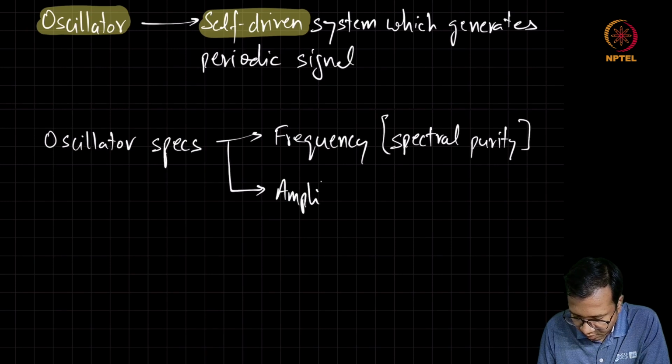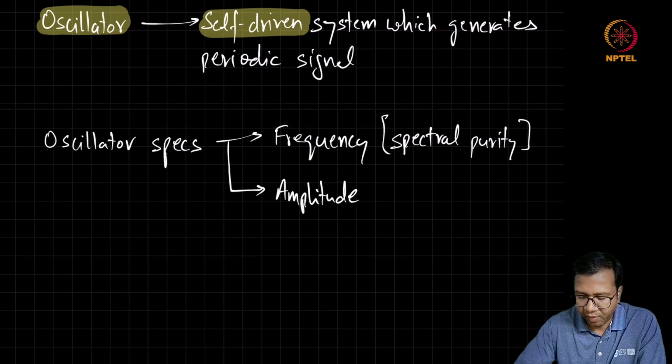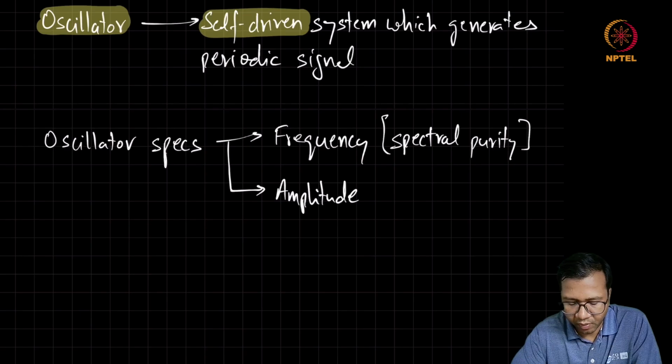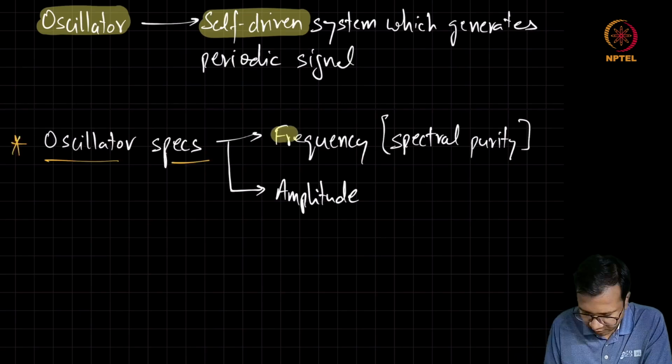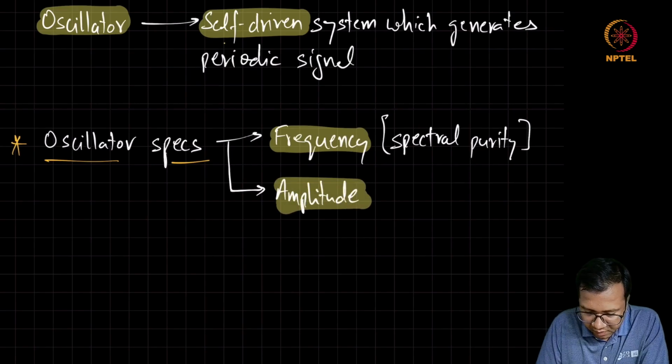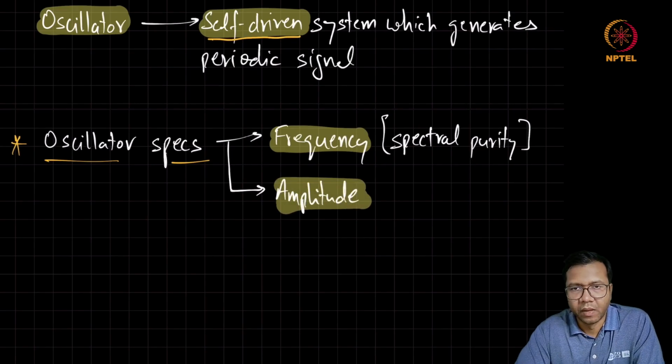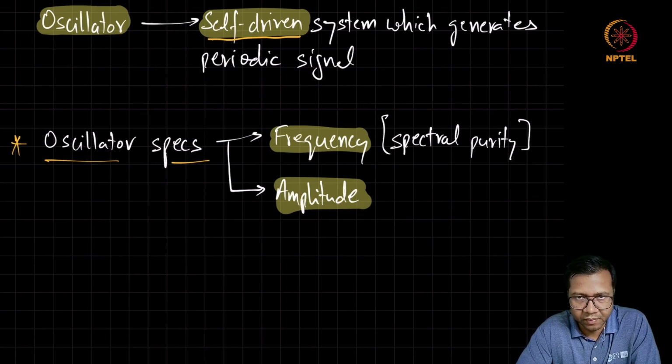So a high amplitude signal is going to simplify the overall design, and later on we will see that if the amplitude is high, then the overall noise performance of such oscillators is also much better. Frequency and amplitude. Since it is a self-driven system, we need to first understand how we can design a circuit which can generate a signal on its own.